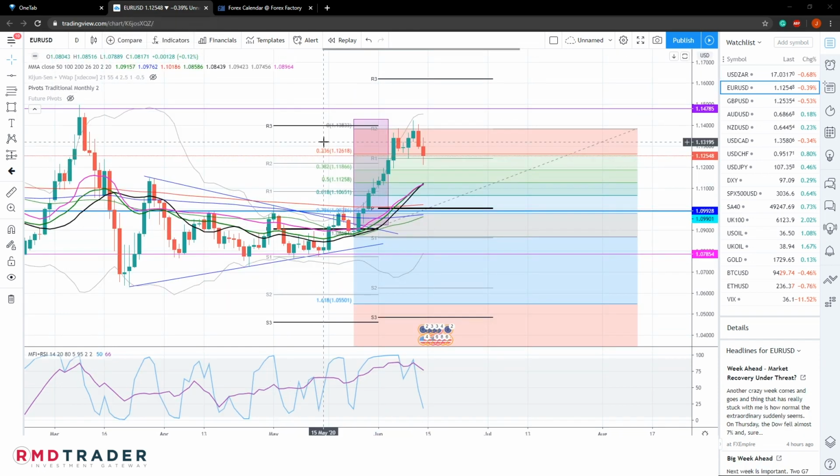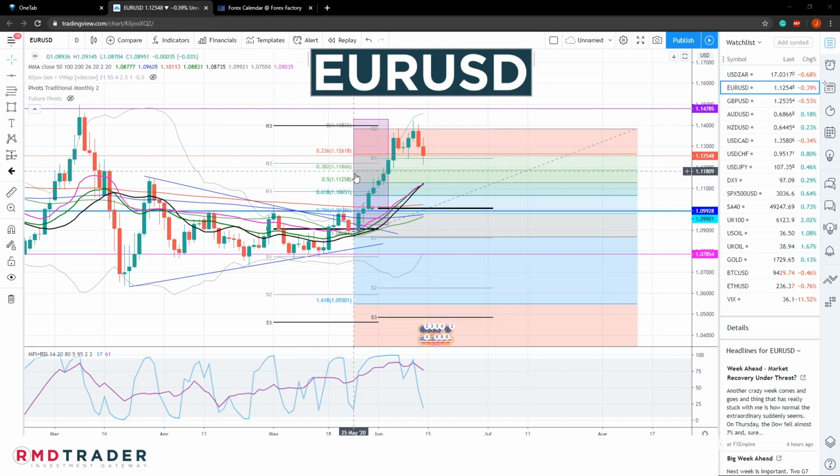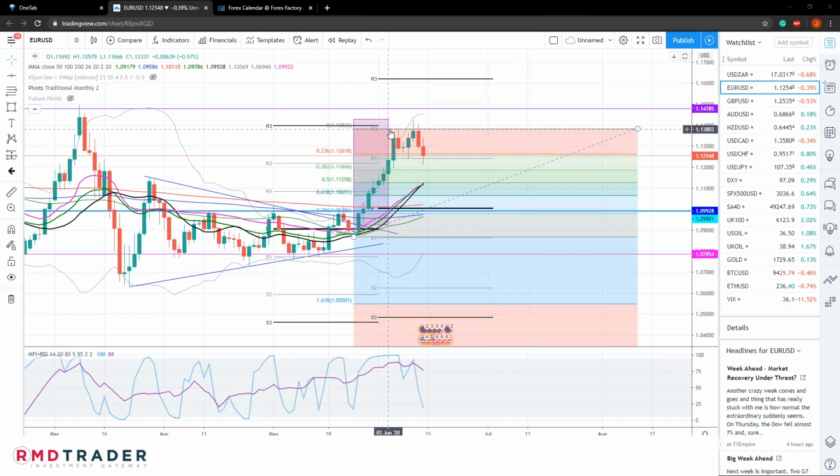Now looking at the Euro USD, we finally reached our full target as set out in our market overview video last week. That brought us way up to this, let's say, the 1.14 level, and that coincided with the monthly R3 pivot level from last month.